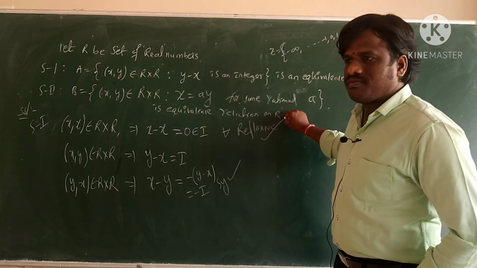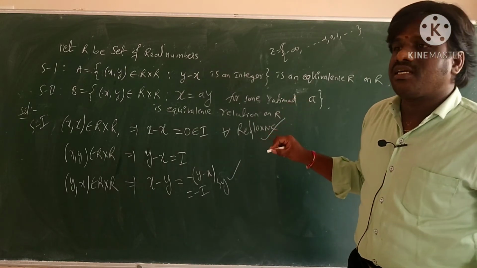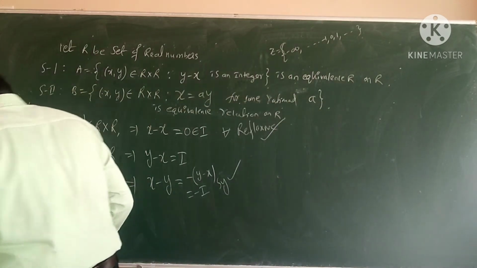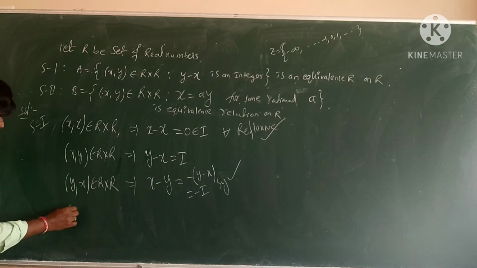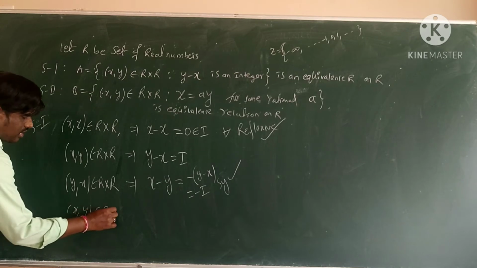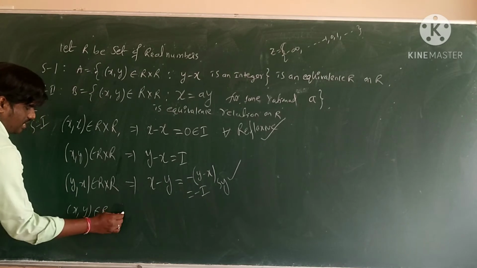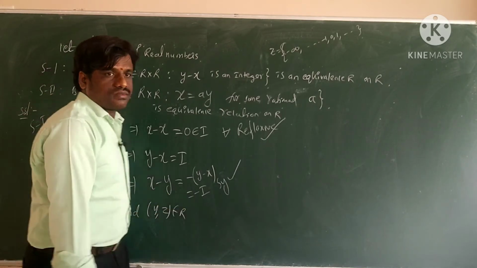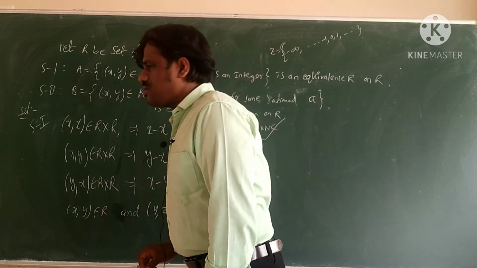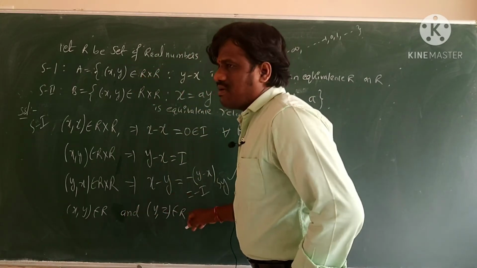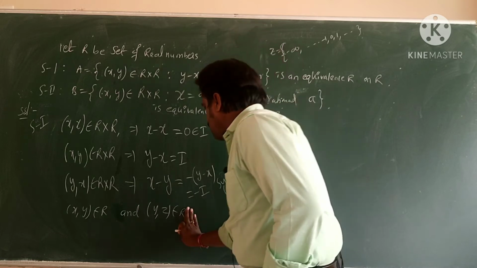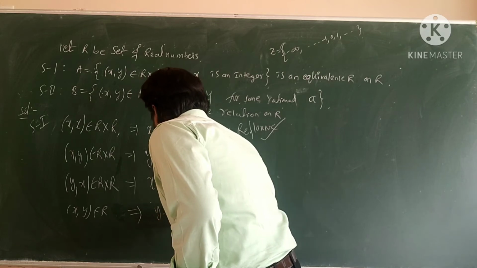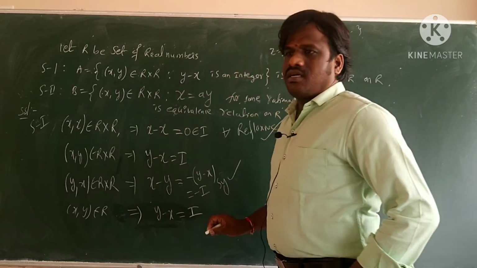Already reflexive is over. Now what I have to see here? Transitive. The transitive condition is: (x, y) belongs to R and (y, z) belongs to R. If (x, y) belongs to R, what it says is that y minus x is an integer.